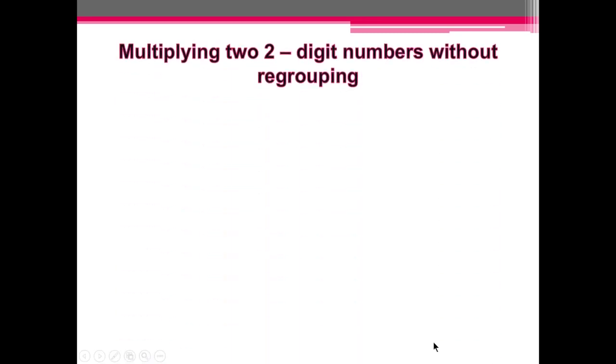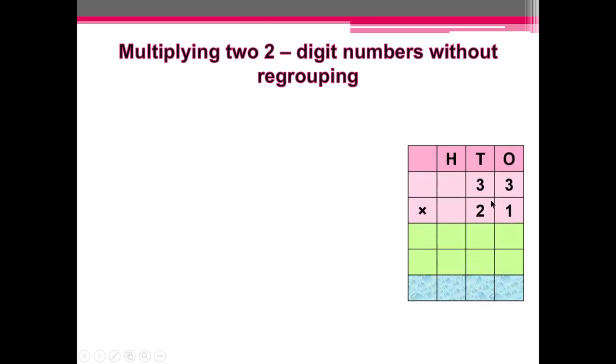Multiplying two-digit numbers without regrouping. You remember what we did in this? Yes. First, we'll take an example. 33 multiplied by 21. Well, what will we do? First, multiply the ones. So, 3 multiplied by 1 is equal to 3.